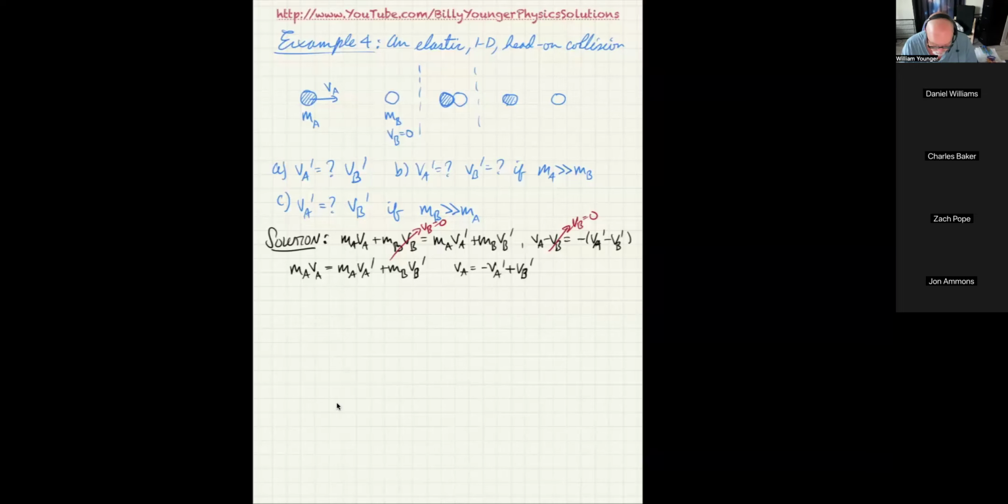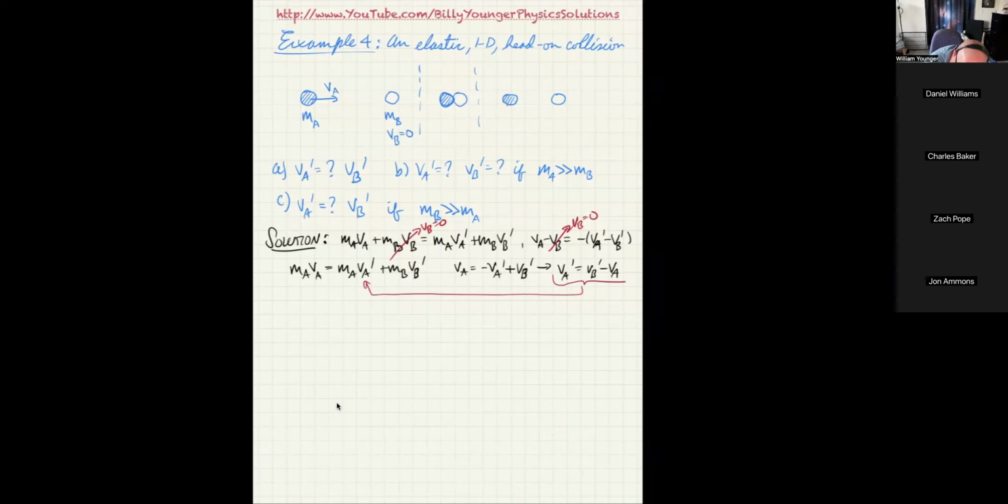We can try to use one for the other. For instance, let's solve the right one for VA prime. VA prime is going to equal VB prime minus VA. And now I'm going to take this and plug it in there.